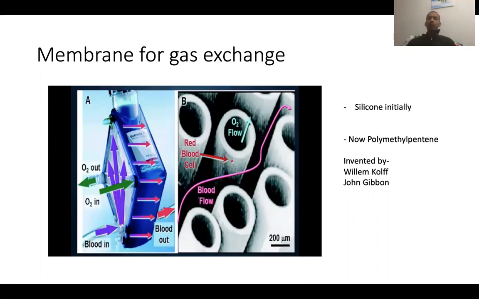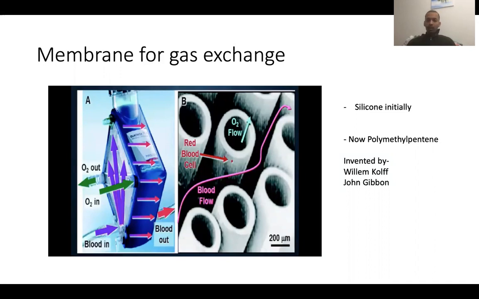And one of the important facts is that the membranes have gotten so much better these days that there is hardly any resistance that the membrane poses to the movement of blood, oxygen, and carbon dioxide. And so at this time, it's literally the resistance of the blood itself that's the affecting factor.